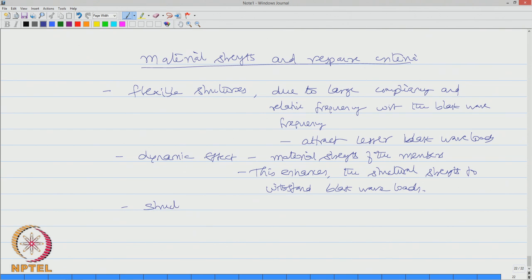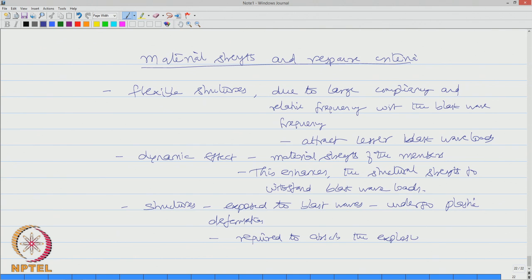Structures or building modules exposed to blast waves undergo plastic deformation, because that is required to absorb the explosion energy.